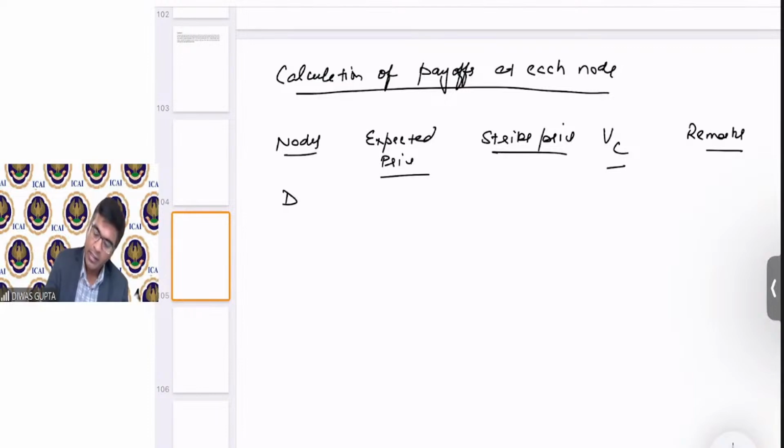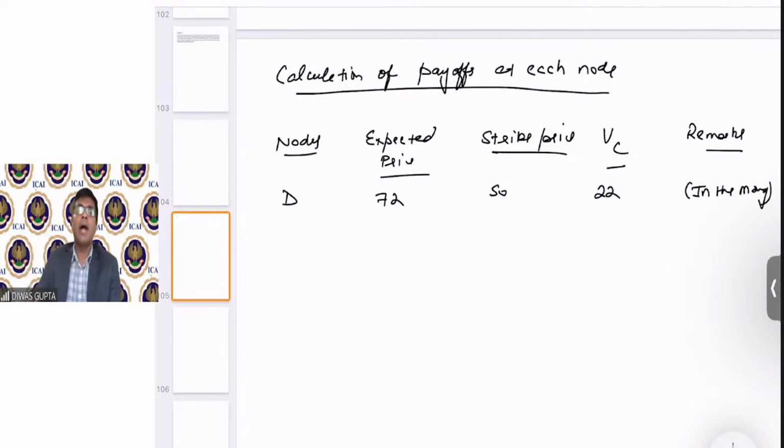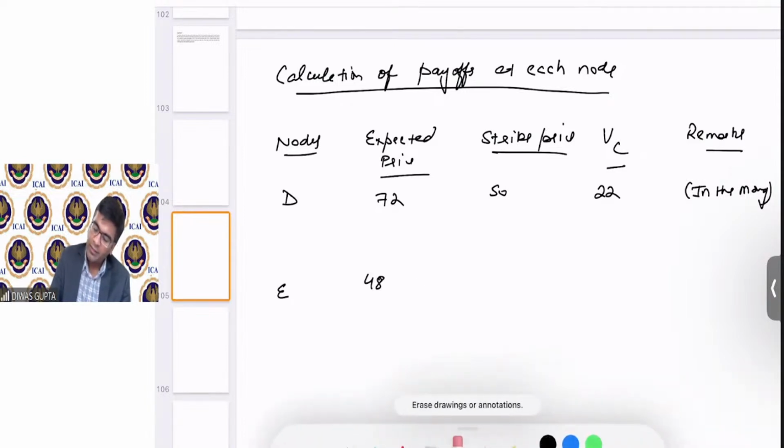So now the D expected price is 72. Strike price is 50. So 22 becomes the value of call. And can we say it is in the money? Yes, it is in the money. Definitely it is in the money at D node. Then E node, the price is actually 48. However, the exercise price is 50.